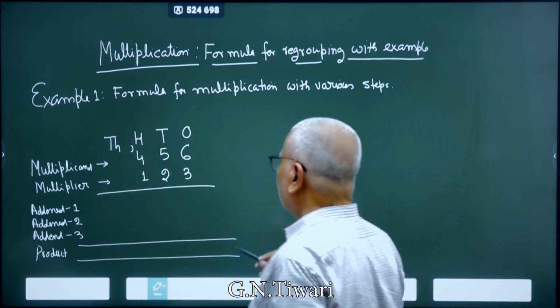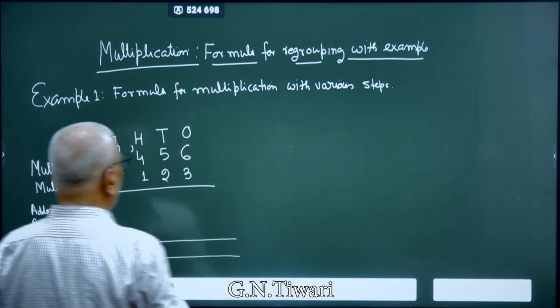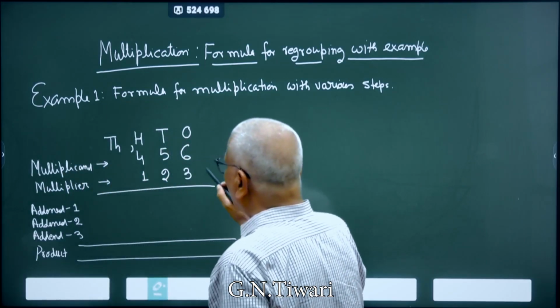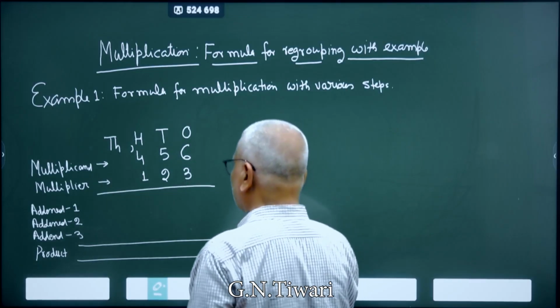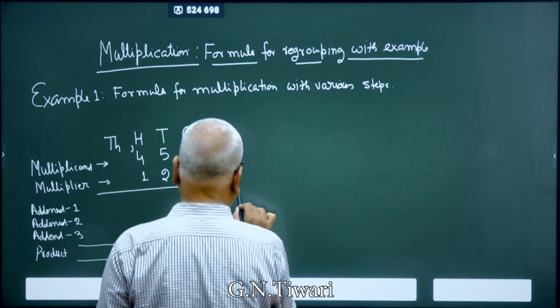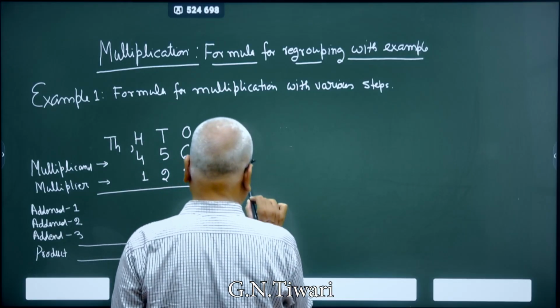Suppose here we want to have the first addend. So what do we generally do? We have to multiply 456 by 3. So just see here, I am writing here the multiplicand.